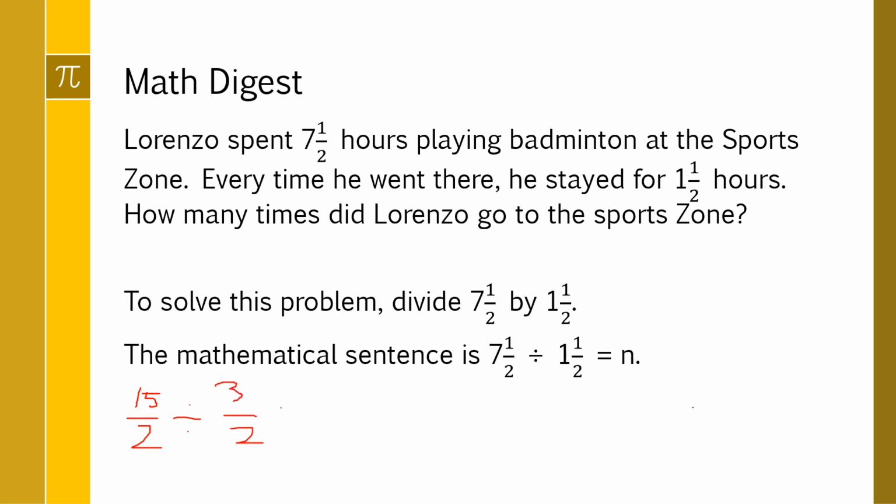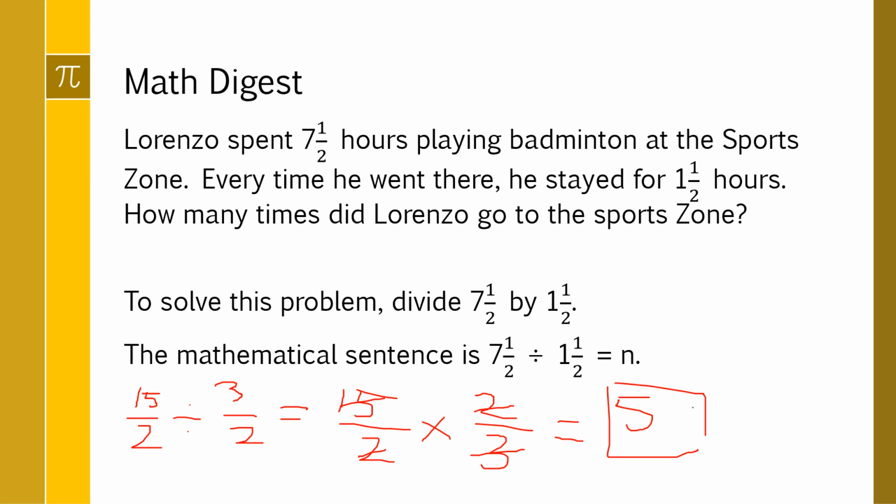Then we copy the first fraction, change the operation, and get the reciprocal by flipping 3 over 2, which will become 2 over 3. Then 15 divided by 3 is equal to 5. So 5 is the final answer.